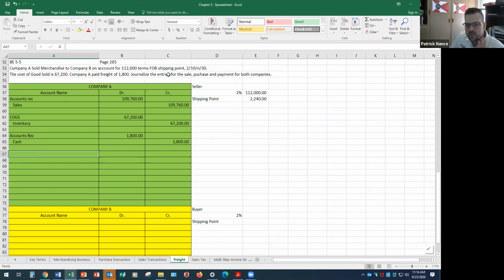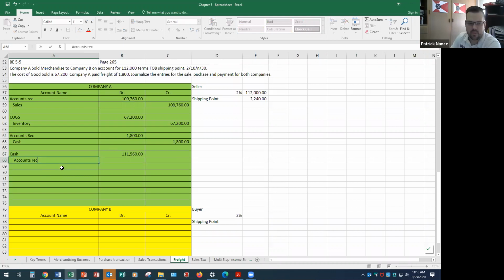Okay, now that's the record of the sale and the freight. And now we need to record the receiving of the payment. So how much should the payment be? If they paid it all, and we assume that they did, it should be the amount of the accounts receivable in total. I just took the 109,760 plus the 1,800, so 111,560, and that should zero out my accounts receivable.